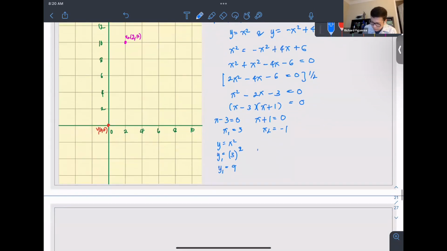And y2 will be negative 1 squared, so y2 is positive 1. So 3 squared is 9, negative 1 squared is 1. So our points of intersection: the first one is (3, 9), and the other is (negative 1, 1).